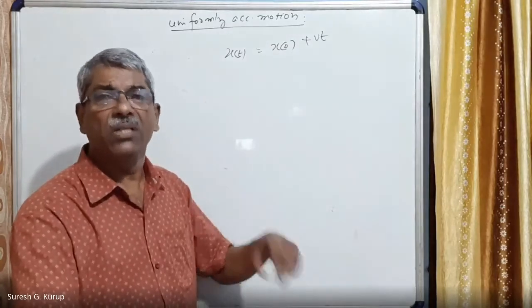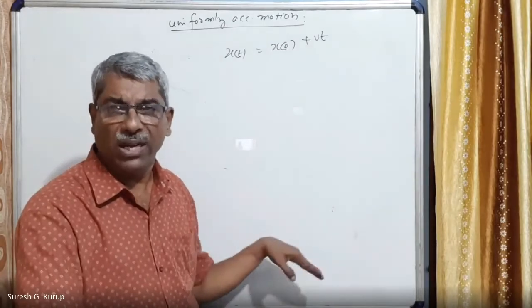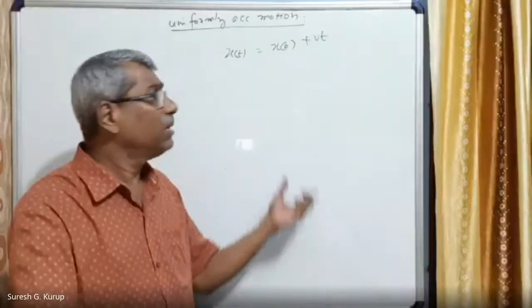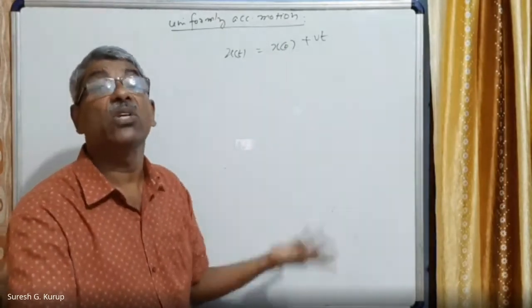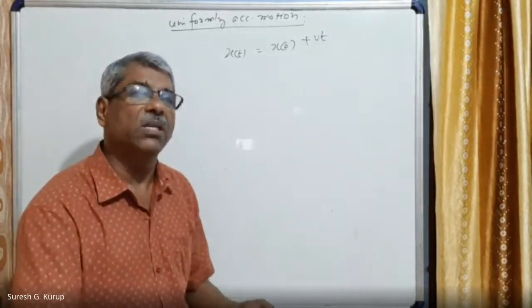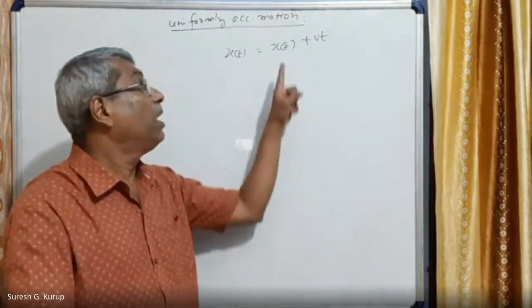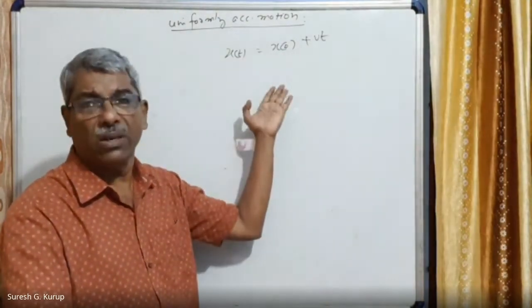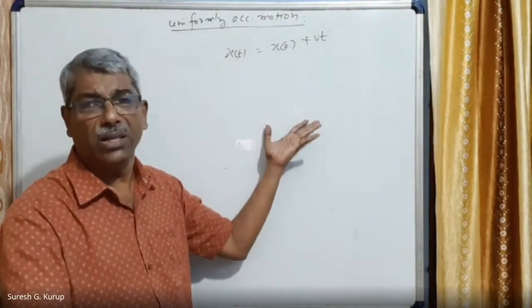At t equal to 0, the position of the body along the x-axis was x0. That may be 5 centimeter, 5 meter, 10 meter, any value.